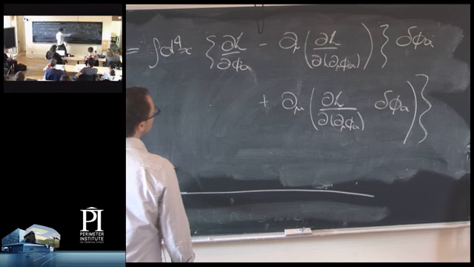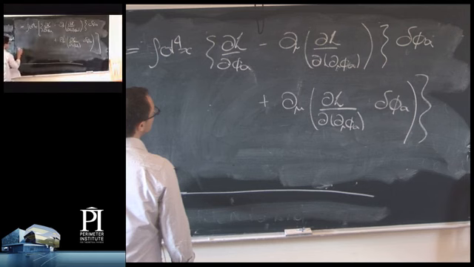Okay, so now this vanishes. But why does it vanish? Well, it vanishes for any variation delta phi A of x and t.